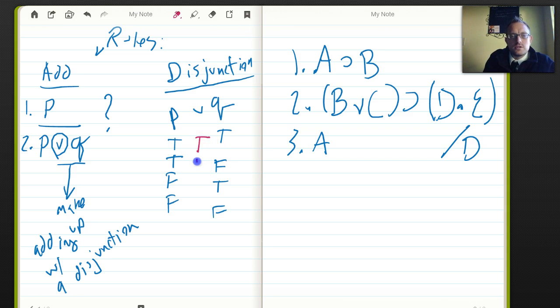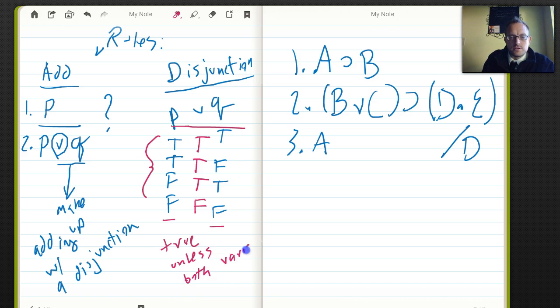This would be true, this would be true, this would be true, and this would be false. This was basically the operational definition we gave for the truth functionality of this. But notice here, a disjunction is always true unless both variables are false.